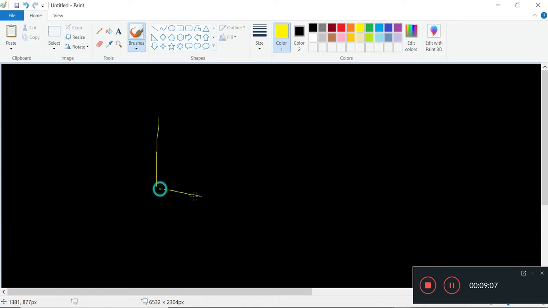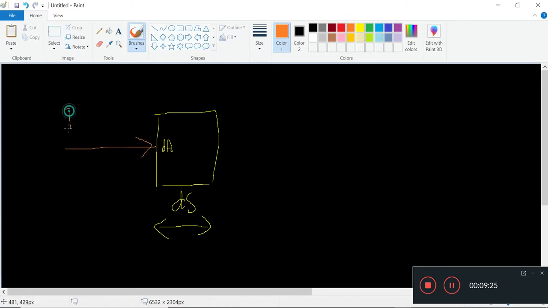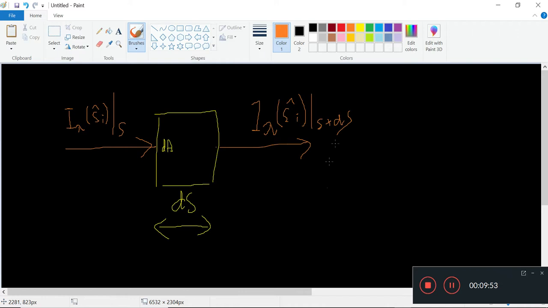You have some length ds, and you have some dA here, and as usual we'll have some radiation I lambda in the s hat direction, evaluated at s. This is our classic radiation problem. And I lambda evaluated at s plus ds. Okay, this is what we are normally used to.